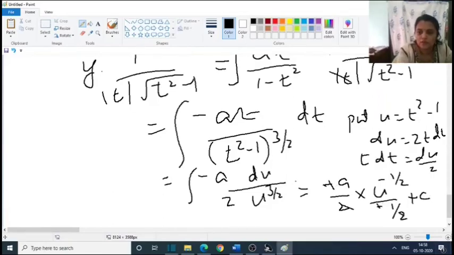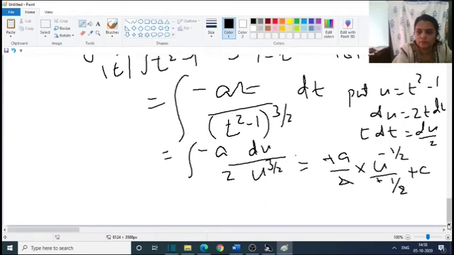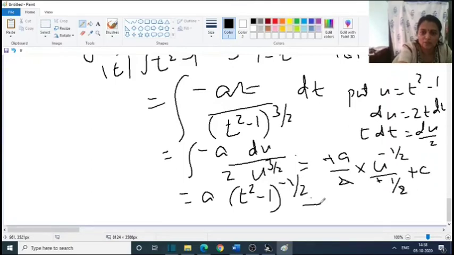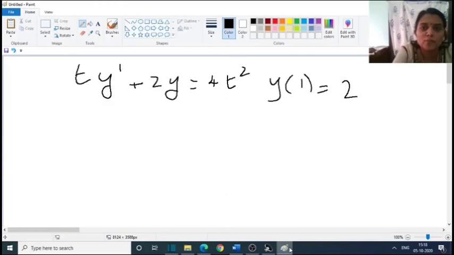So u is equal to t square minus 1, which is equal to a into t square minus 1 raised to minus 1 by 2 plus c. This is the solution.